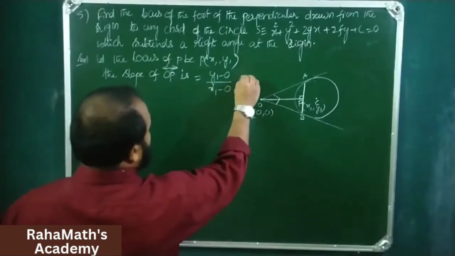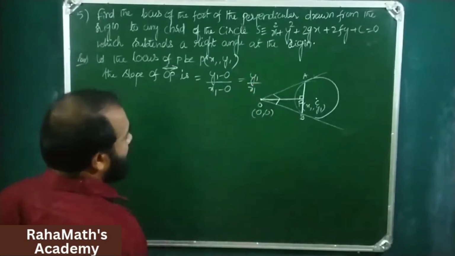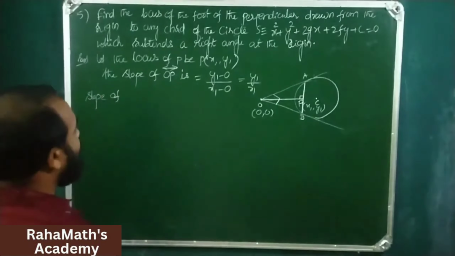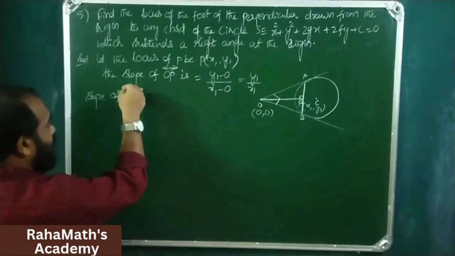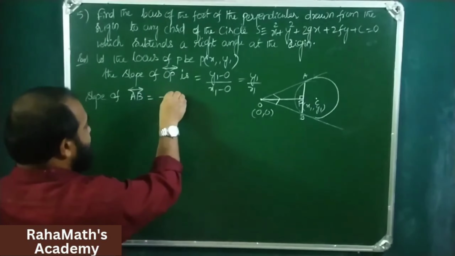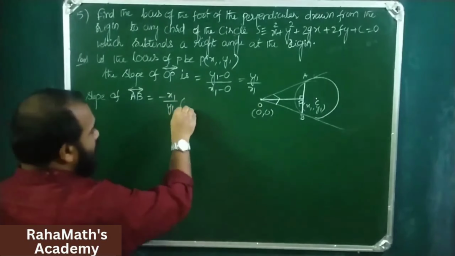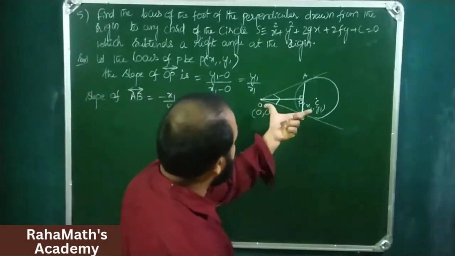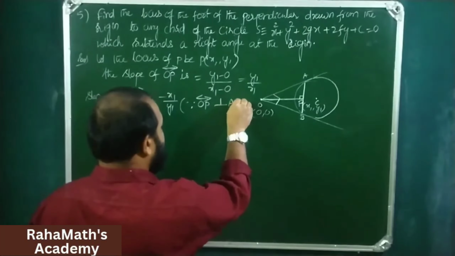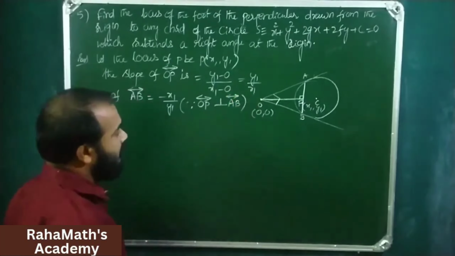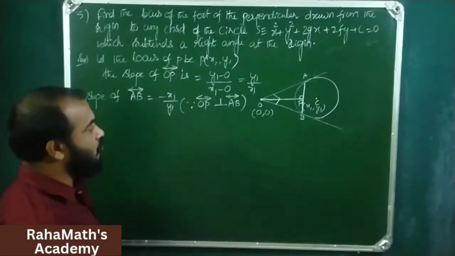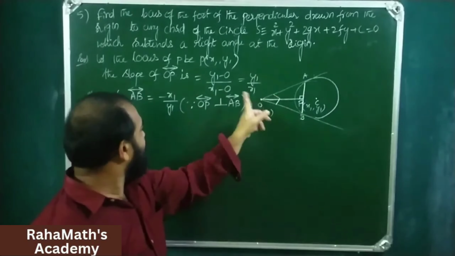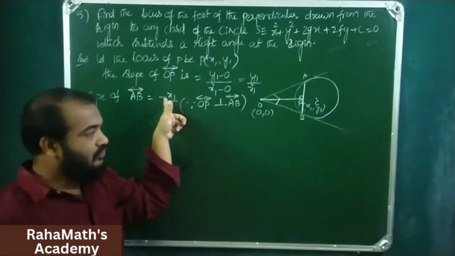So this equals y1 by x1. Then the slope of AB is minus x1 by y1. How can you say? Since OP is perpendicular to AB, the product of their slopes is minus 1. So y1 by x1 into minus x1 by y1, x1 gets cancelled, we are left with minus 1.